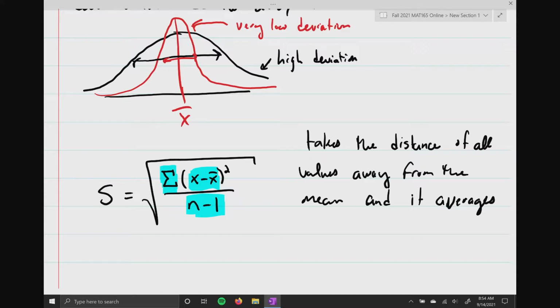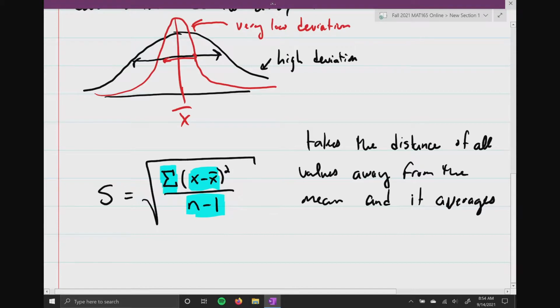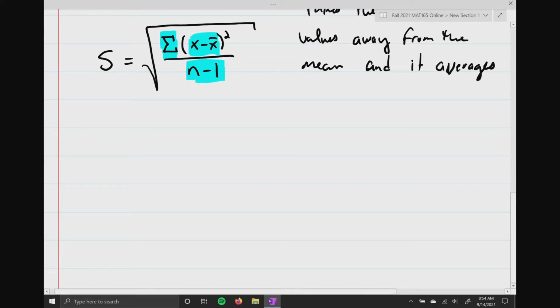Now, the hardest part about calculating standard deviation is just keeping things organized. So in the guided notes, I have just an example.